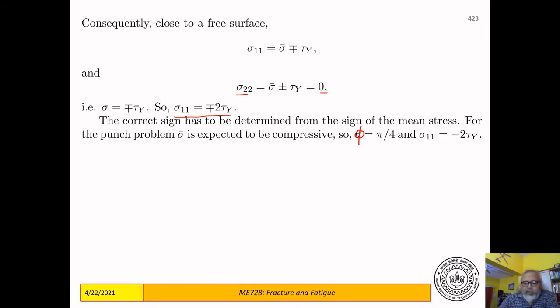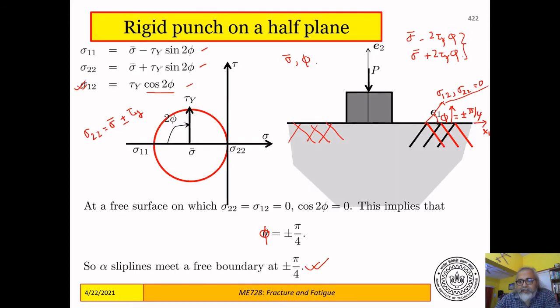In our case we have a punch which is pressing down on this rigid perfectly plastic surface, and therefore we expect sigma bar to be compressive somewhere here, and this angle phi will be plus 45 degree. So it will not be minus, it will be plus 45 degree, and so these are my alpha lines, and therefore the beta lines would be these. Okay, so that is at the free surface.